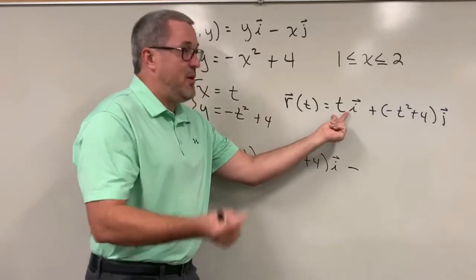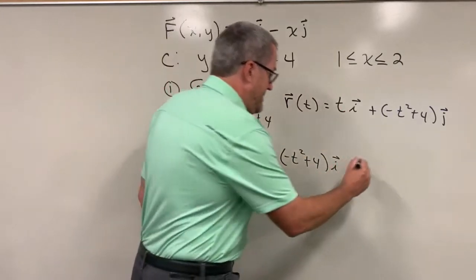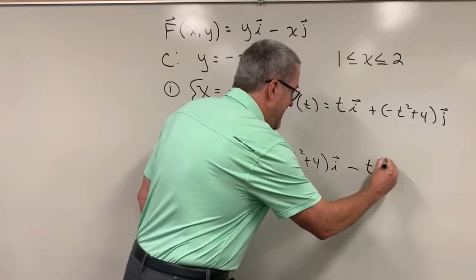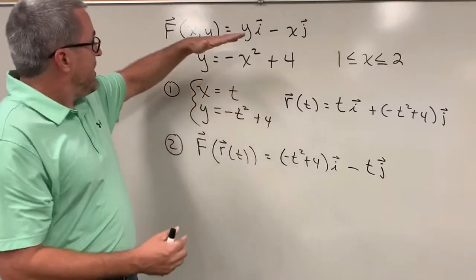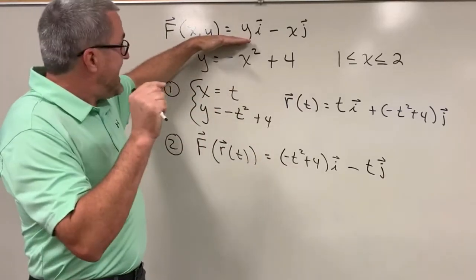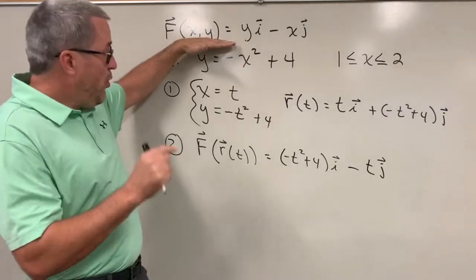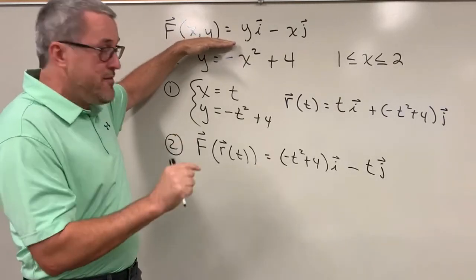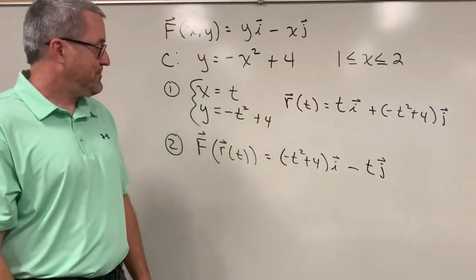And the x component on the curve that we're on is just t. So minus t j. Now, by composing these two together, we're going to be able to examine the dot products between the vector field f, but only at places in the vector field that are also on the parameterized curve.